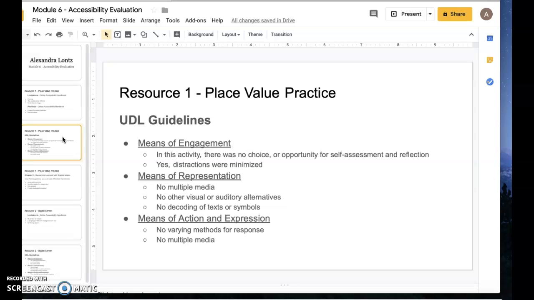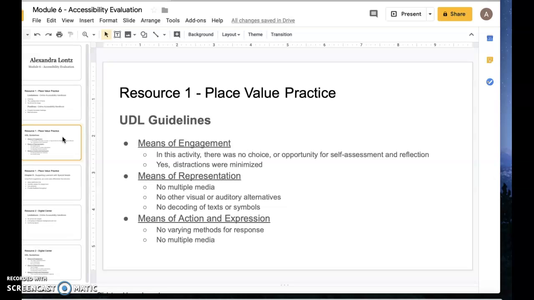For means of representation, there was no multiple media, no other visual or auditory alternatives, no decoding of text or symbols, but this is just one worksheet. This wouldn't be the whole lesson, so this might be just the summary or something like that. So there really wasn't any use for multiple media, but it could have had some visual or auditory alternatives.